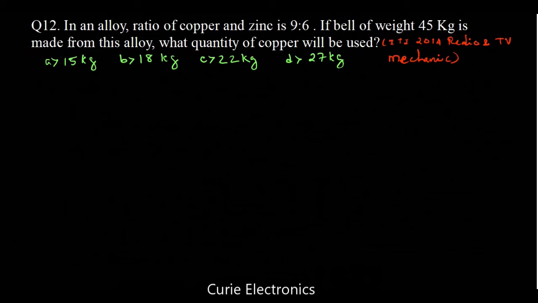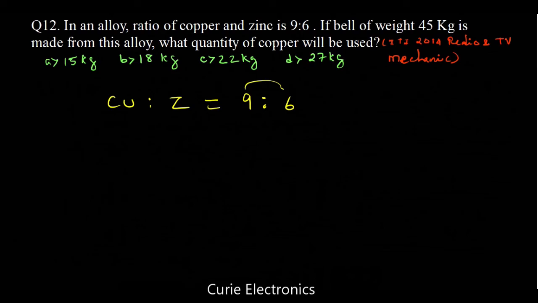Next question. In an alloy, ratio of copper and zinc is 9:6. That is, copper to zinc equal to 9:6. A bell of weight 45 kg is made from this alloy. What is the quantity of copper that will be used? See, now here also you just take the total, which is 15.